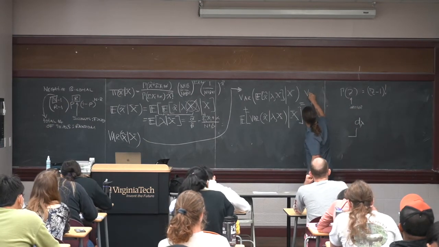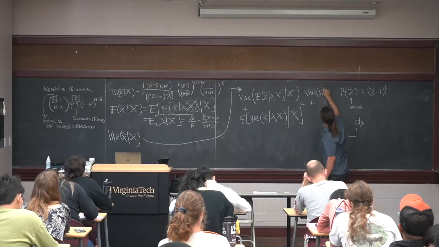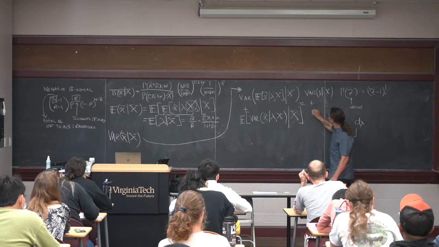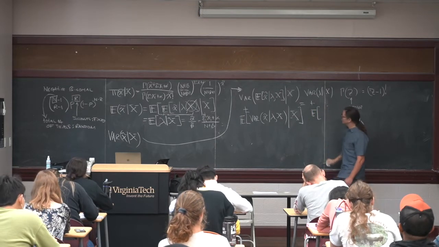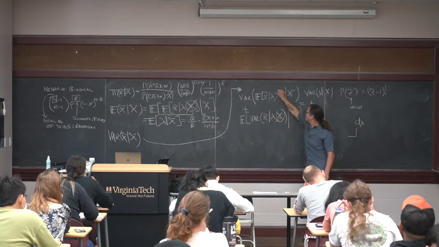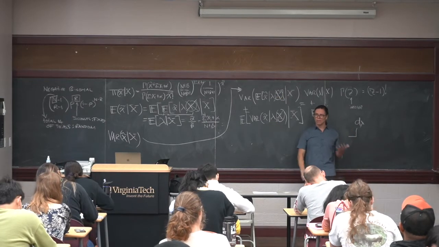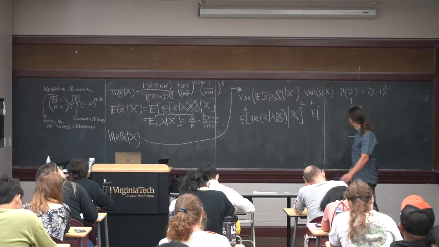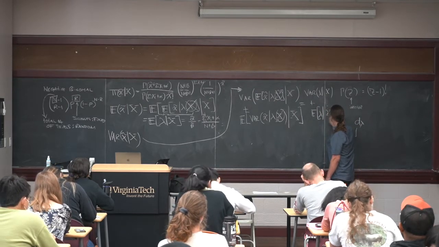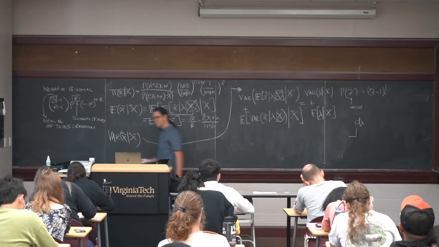This is going to be the variance of lambda given x, and this is going to be the expectation of the variance. Again, this is conditionally independent. We'd already played with that one, so we knew what it was. We know the variance of a Poisson is lambda, given x. So this is the posterior variance plus the posterior expectation. That's all you're coming up with.